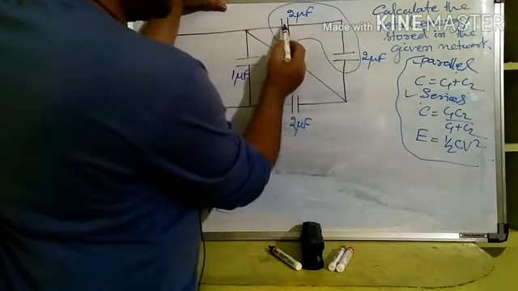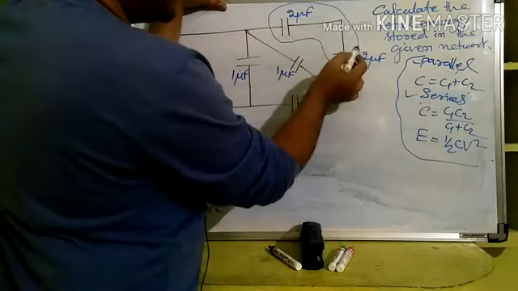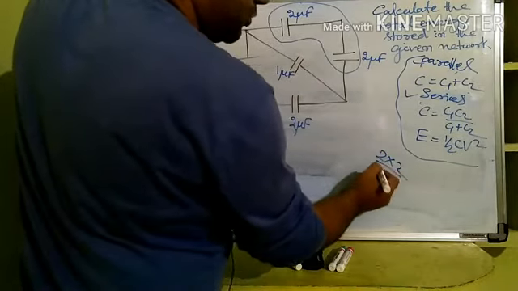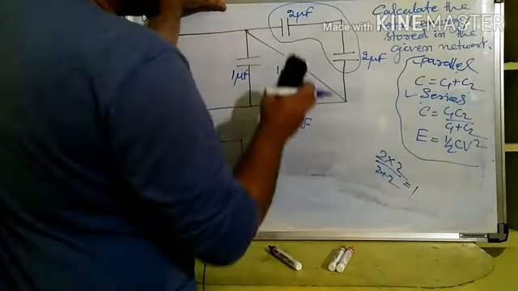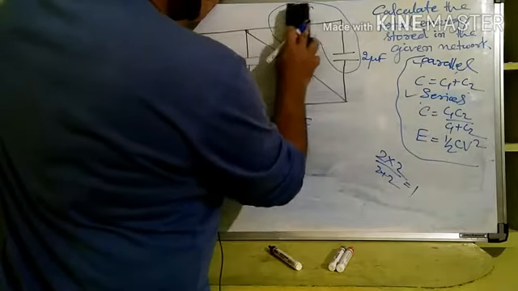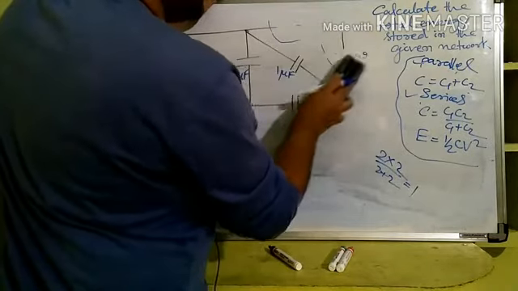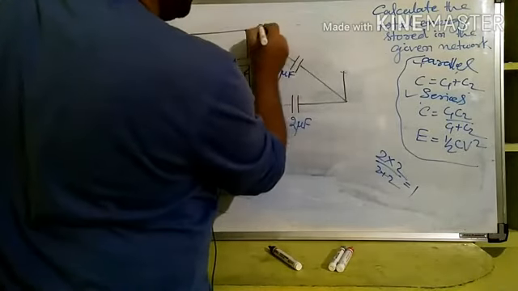Now see here, this 2 microfarad and this 2 microfarad, these two are in series. If two are in series, what is the net capacitance? 2 into 2 by 2 plus 2, that is 1 microfarad, right? So this much we can replace by a single capacitor of 1 microfarad.